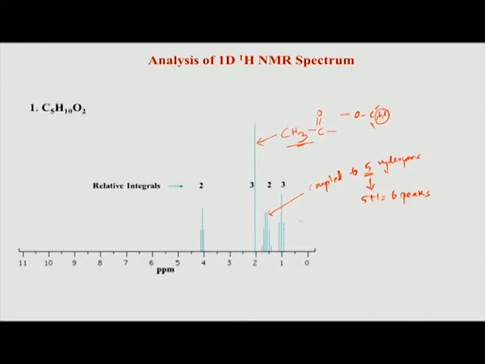And then this one is a triplet. What this means is there are 3 hydrogens, which means CH3, and it could be coupled to a CH2, and because of this, 2 plus 1 equal to 3, a triplet.